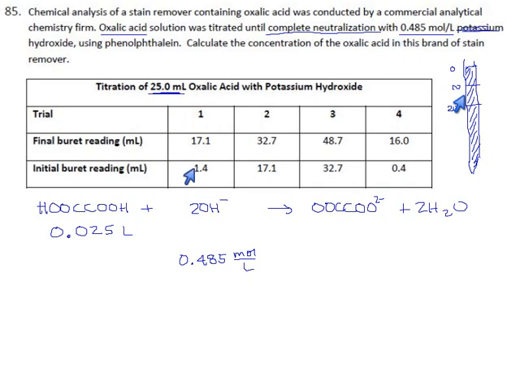So they're saying for the first run, we started at 1.4 and we went until the burette read 17.1. If you subtract those, you get 15.7 milliliters. So that's how much they used doing the first run. Subtract these and you get 15.6.